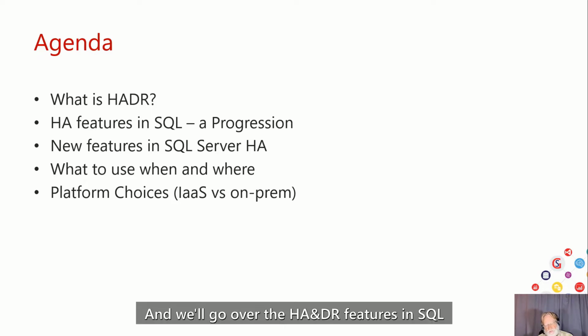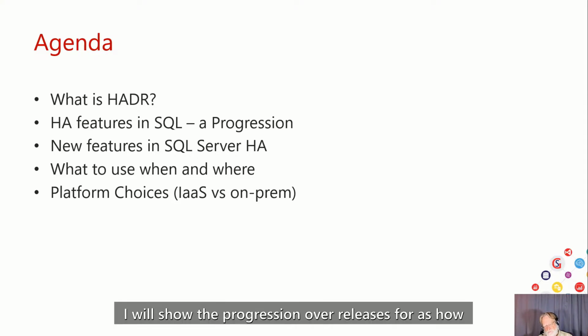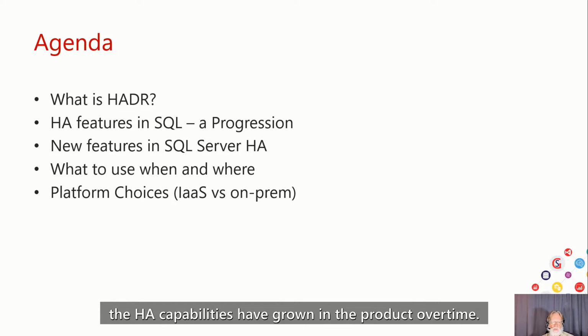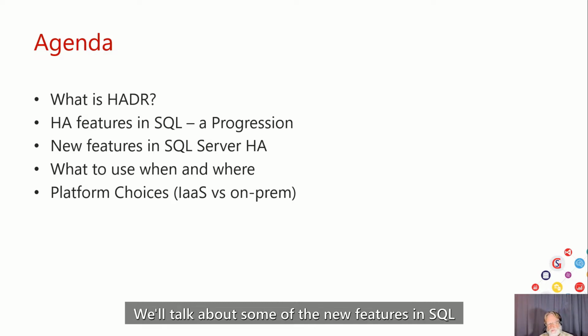And we'll go over the HA and DR features in SQL Server. And we'll show the progression over releases as how the HA capabilities have grown in the product over time. We'll talk about some of the new features in SQL Server HA in the more recent releases, and go through a time when we're going to talk about what to use, when, and where.